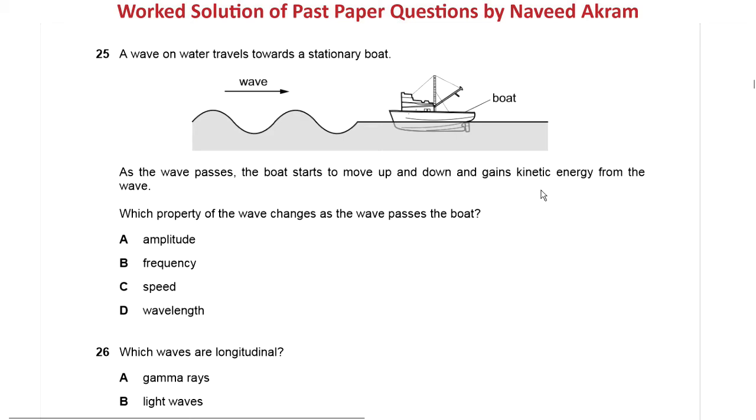Its frequency will remain the same, its speed will remain the same, and its wavelength will also remain the same. A very common mistake is to choose option C, because it is gaining kinetic energy and kinetic energy is related with the speed, but here kinetic energy is gained by the boat, and as a result the amplitude of the wave must decrease.